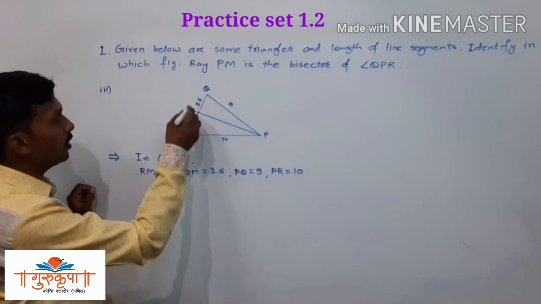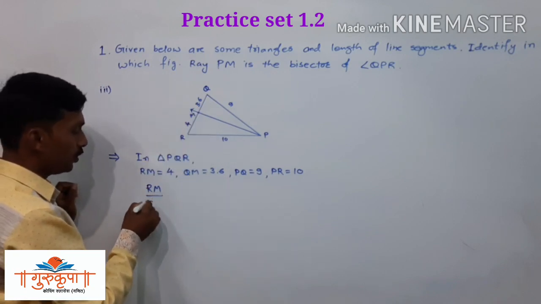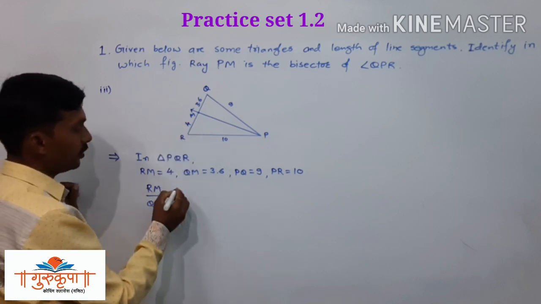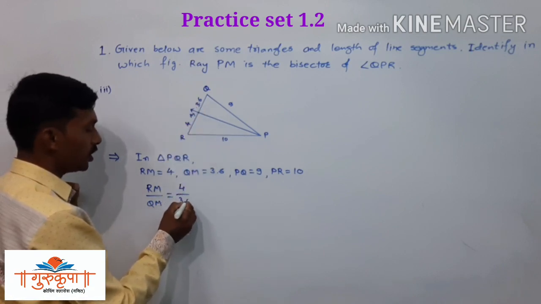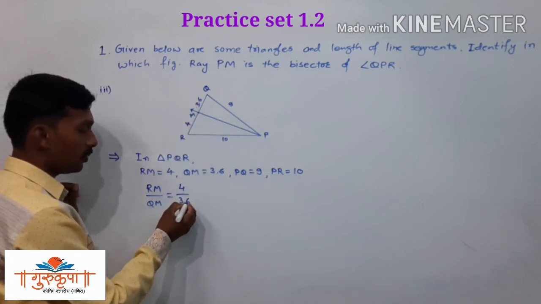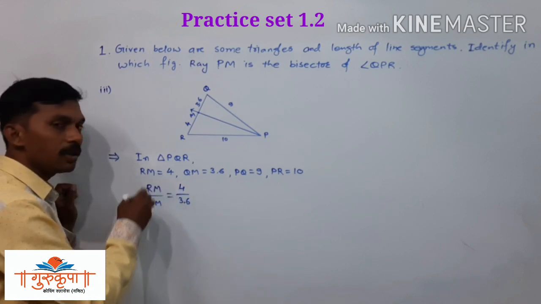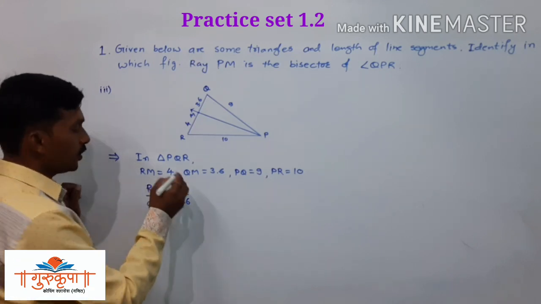So the first ratio we will find here, that is RM upon QM is equal to, RM is given 4 upon QM is given 3.6. First of all we will remove this decimal sign, and then we will reduce it, or write it in the simplest form.